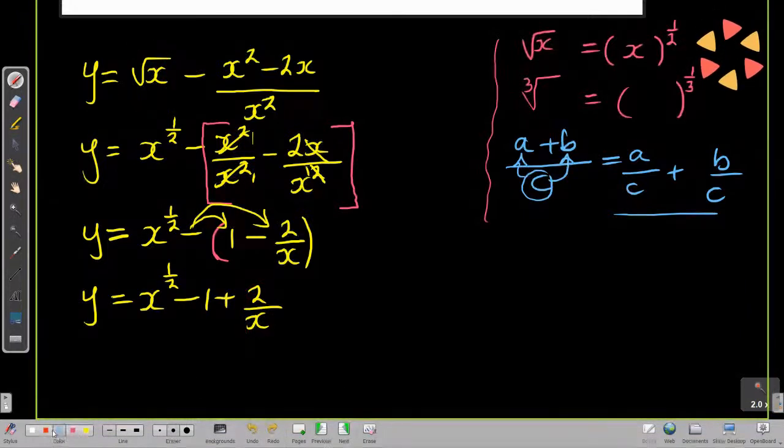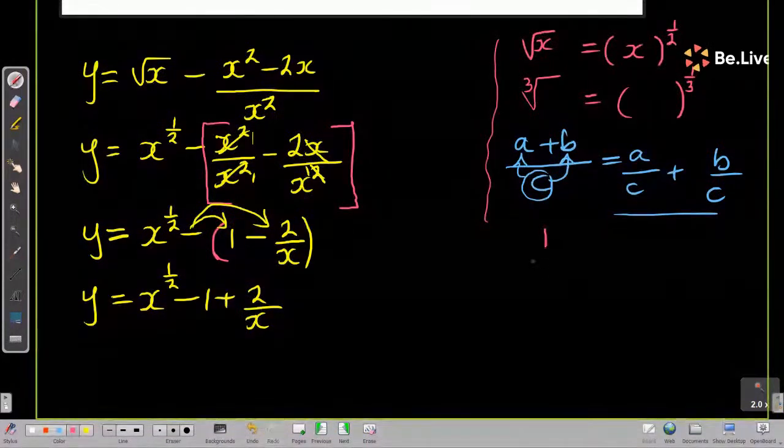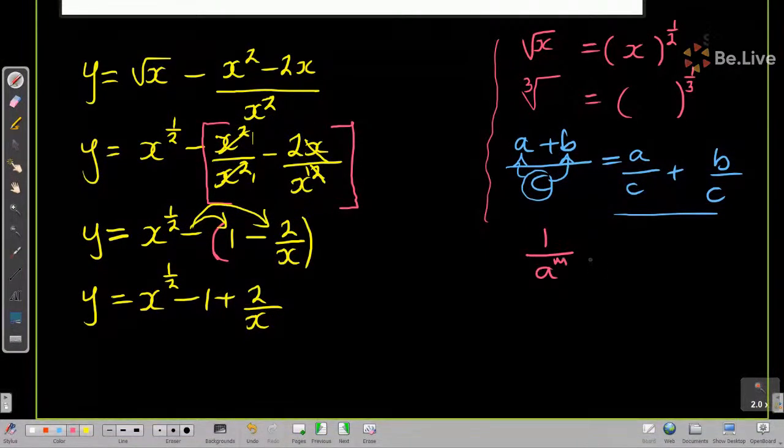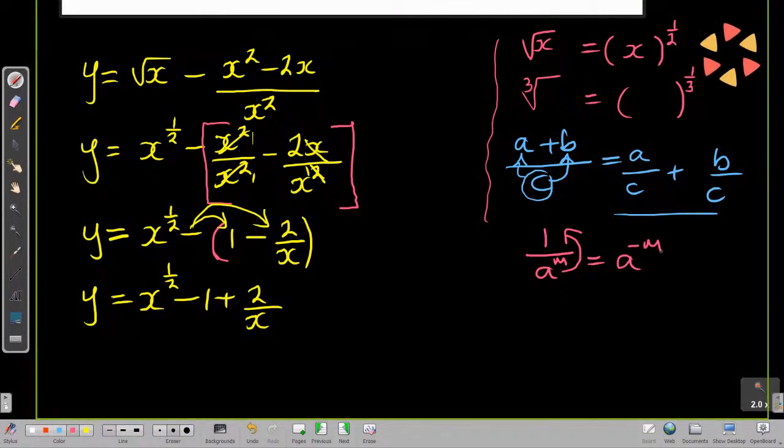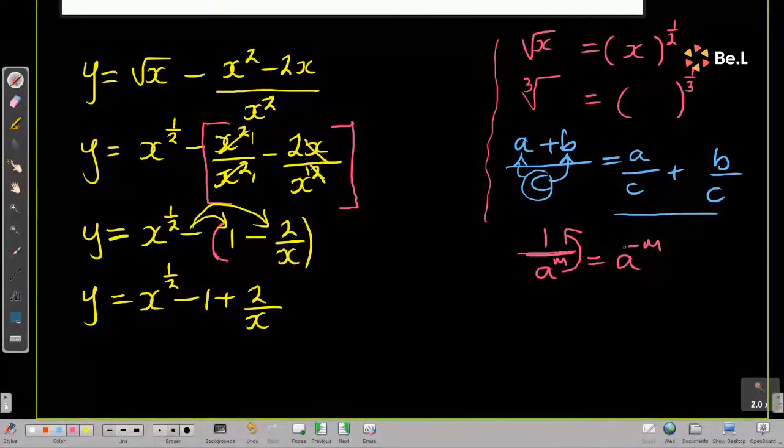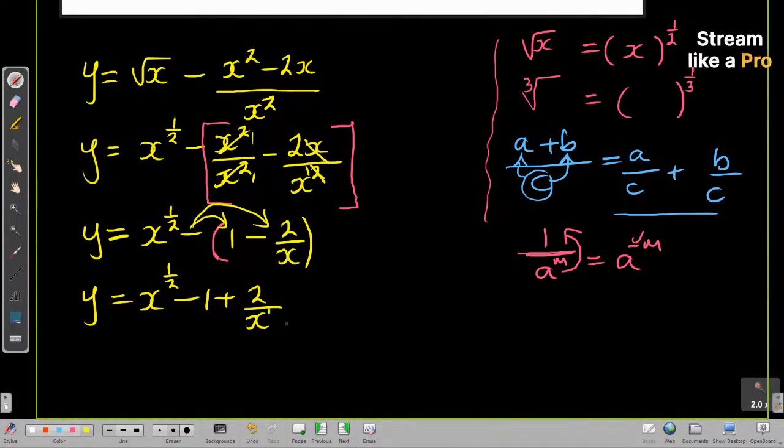It is the laws of exponents. If I have 1 over a to the power m in the law of exponents, and I want to take it to the top, it becomes a to the power negative m. Why? To replace that division, you put a negative sign. So it's the same thing. The power that I have for x here is a 1. There is a hidden 1 there.